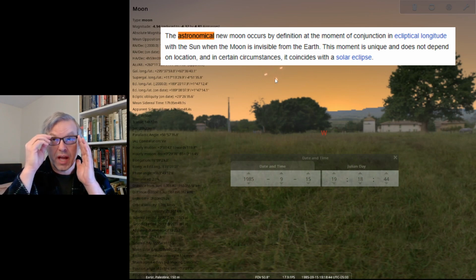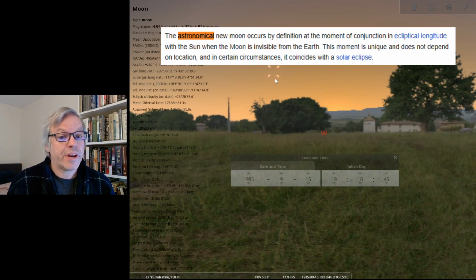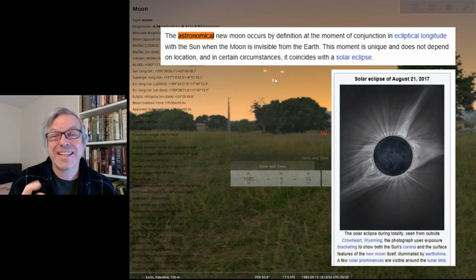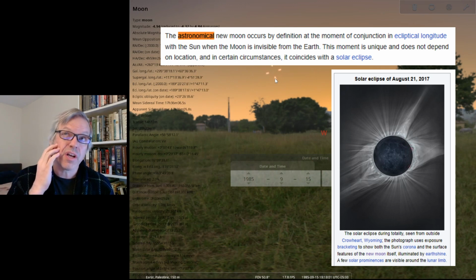Now, when it lines up 100% perfectly, that's called a solar eclipse. A solar eclipse is where the moon passes directly in front of the sun, and I saw one in August of 2017.